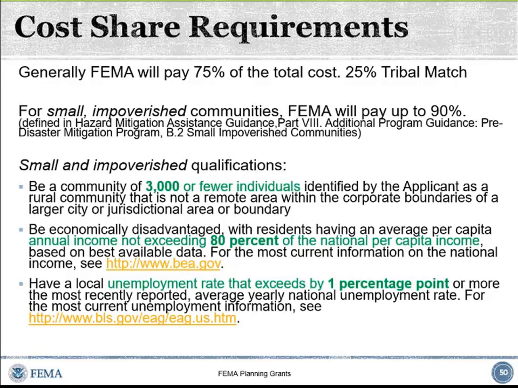We've discovered that most tribes have better resources than we do for finding out that kind of information. That needs to be documented, put in a little report, uploaded as an attachment in eGrants if you're going to ask for 90-10 cost share.